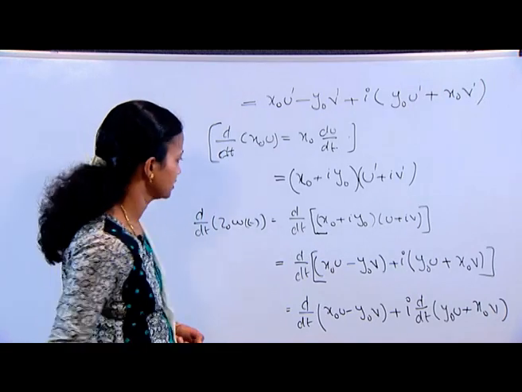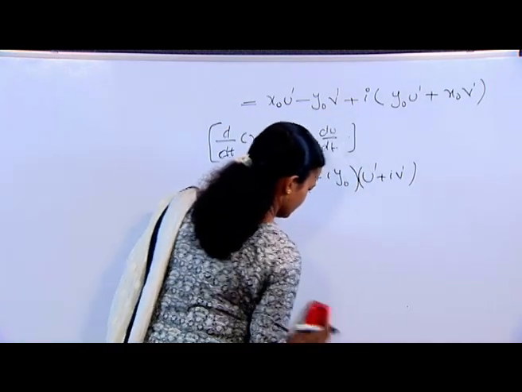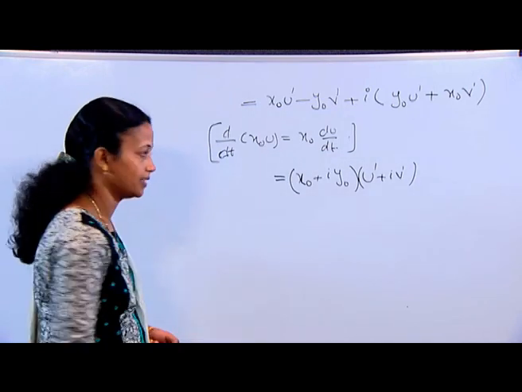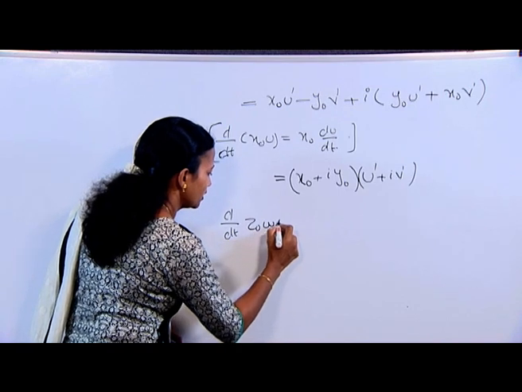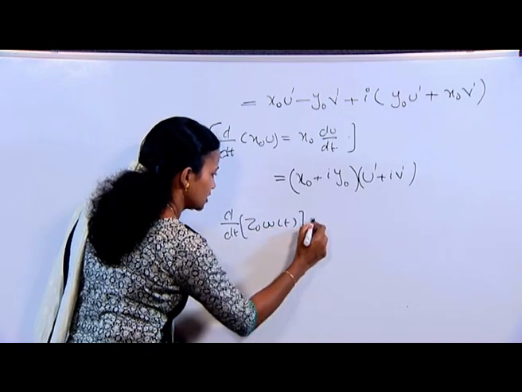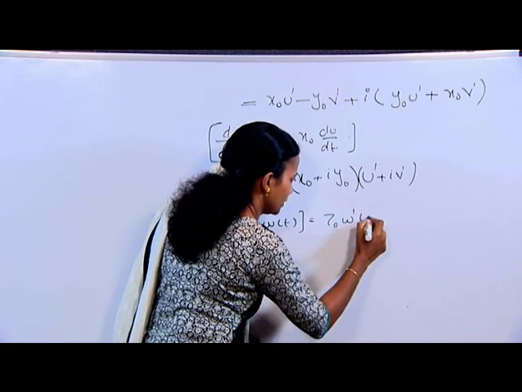That is, d by dt of z0 w of t is equal to z0 into w dash of t.